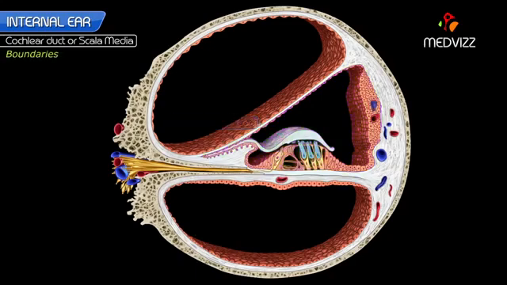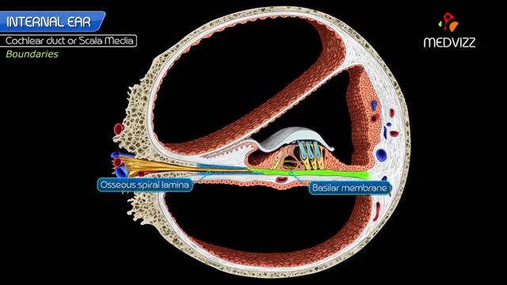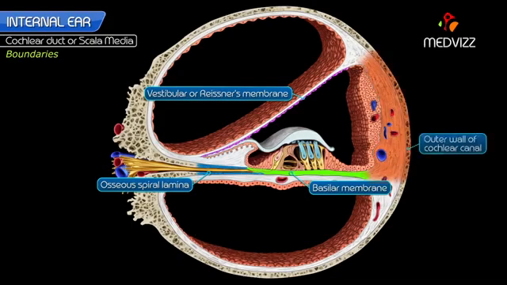Boundaries. The base is formed by the osseous spiral lamina medially and the basilar membrane laterally. The roof is formed by the vestibular or Reissner's membrane, which passes from the upper surface of the spiral lamina to the wall of the cochlea. Laterally, the duct is bounded by the outer wall of the cochlear canal.